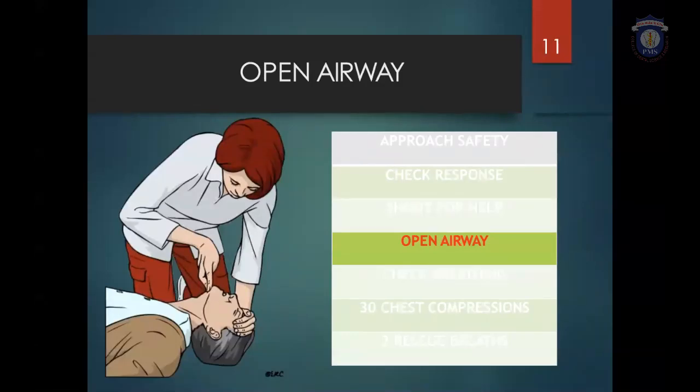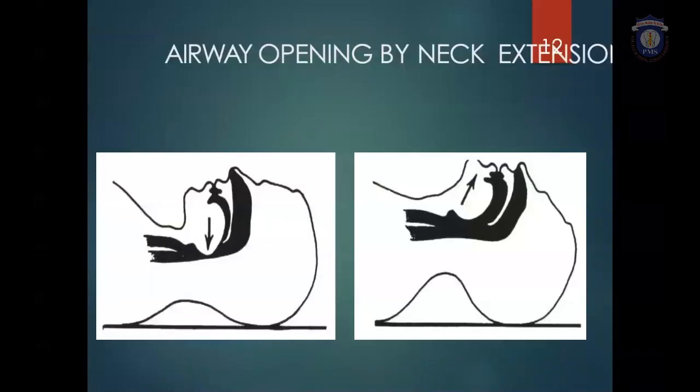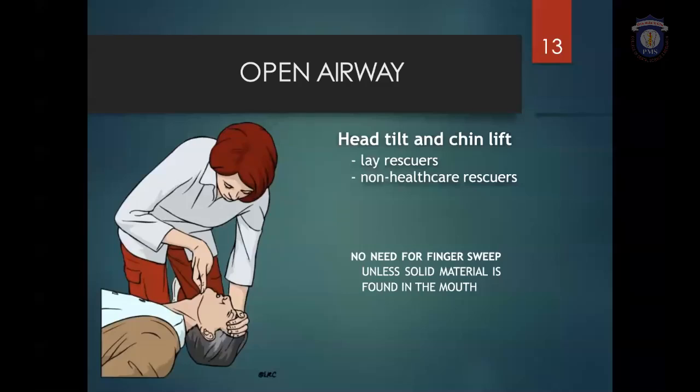Fourth step is open airway. The open airway is done mainly by neck extension. As you can see in this picture, by neck extension, the airway is maintained patent. The other method is head tilt and chin lift.